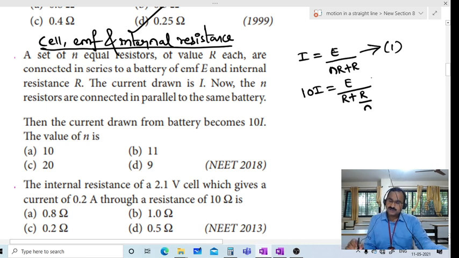So by using this knowledge, what can we write? You take the LCM there, then it becomes nR plus R over n, equation number 2. So the n will go to the numerator after taking the LCM.